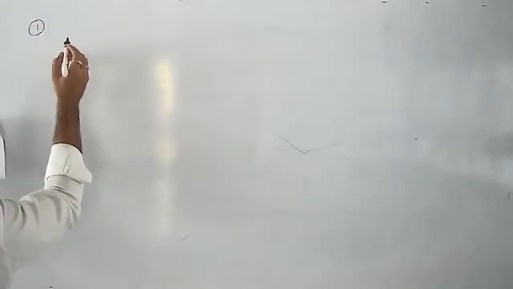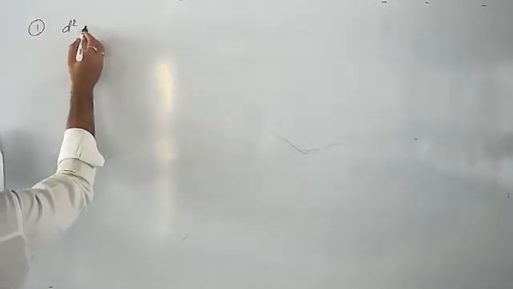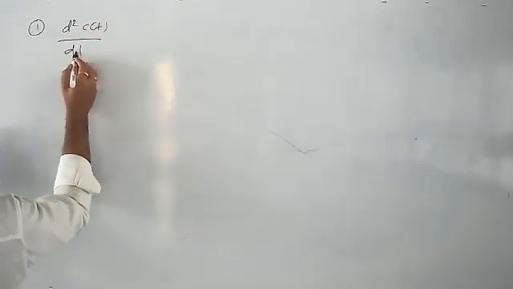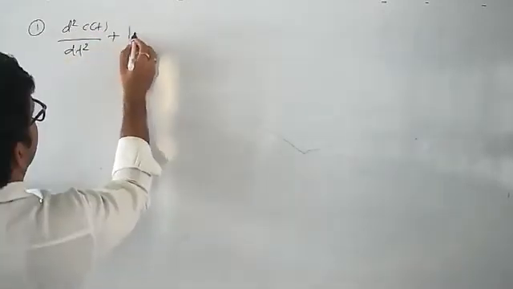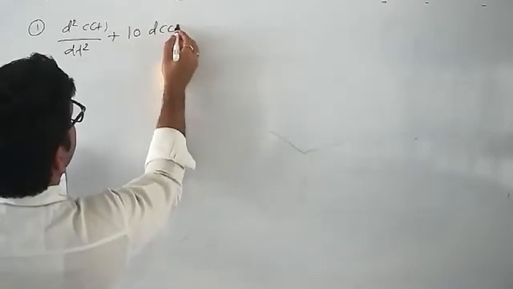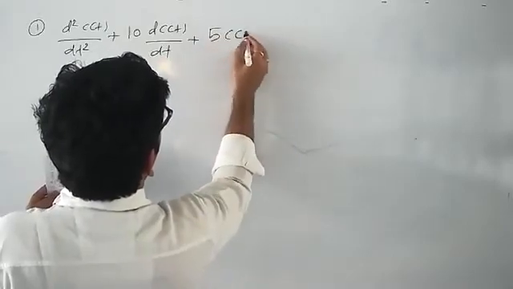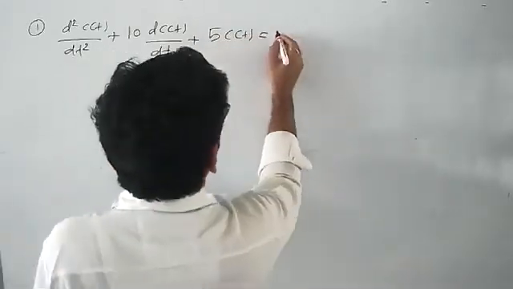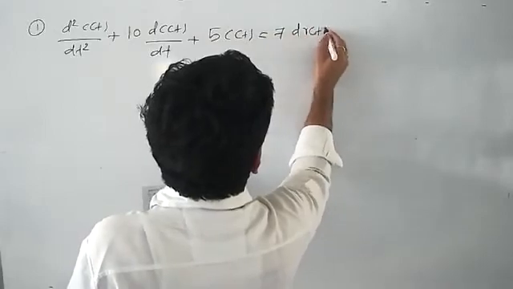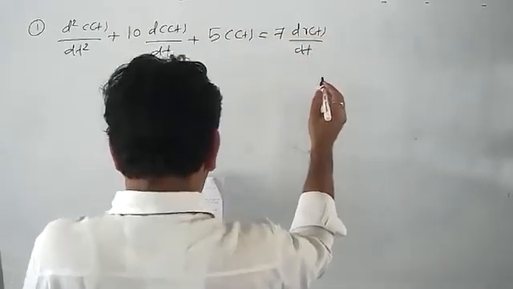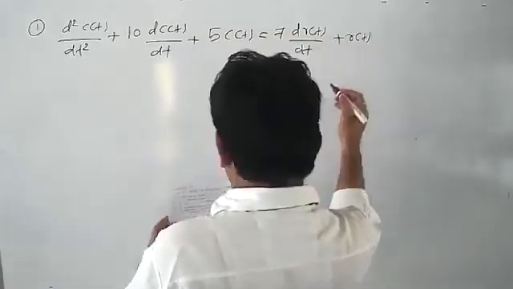Let us consider that we have a mathematical model of a physical system defined by a differential equation like this: d2 c of t by dt square plus 10 d c of t by dt plus 5 c of t is equal to 7 dr of t by dt plus r of t.